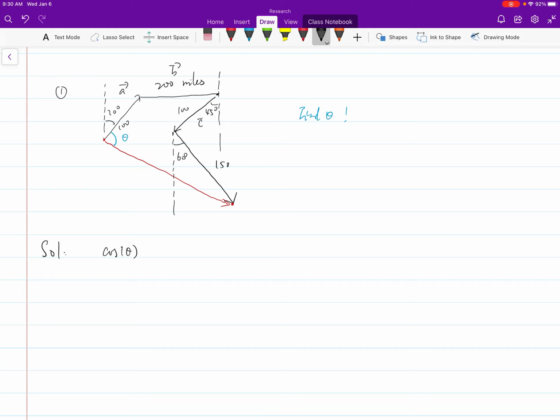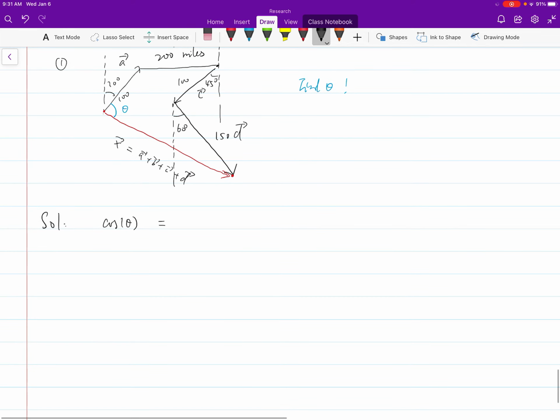If I name the vectors A, B, C, D, it's going to be the angle between A and this red vector, which is nothing but A, I'm going to call it X, which is nothing but A plus B plus C plus D. So basically cosine theta equals A dot X divided by |A||X|. Why? Because the law of cosines is hidden in the definition of the dot product.